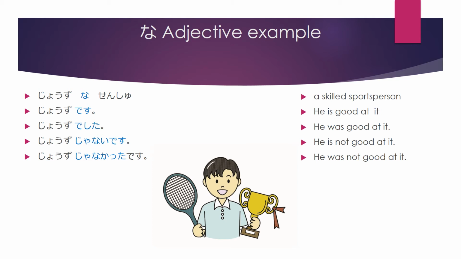If we want to talk about the past tense and say we were good at it, it becomes 上手でした. Add じゃない for is not. So 上手じゃないです. He is not good at it, or I am not good at it. And then if we put that into past tense, 上手じゃなかったです. Was not good at it.